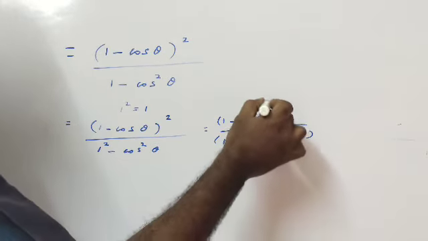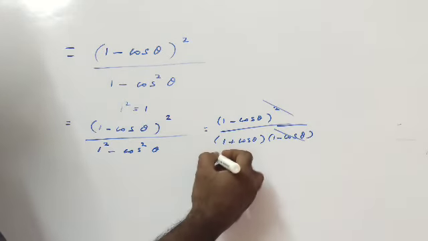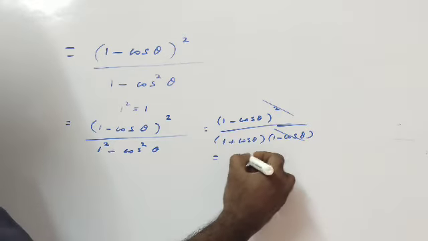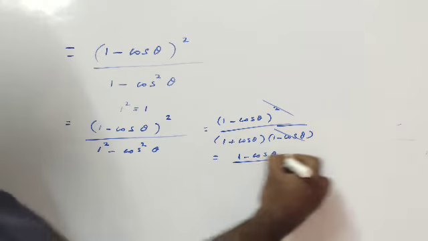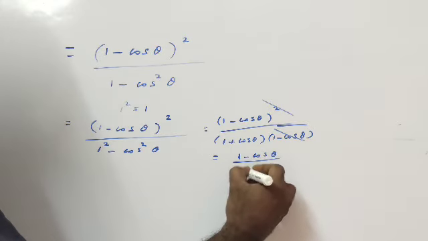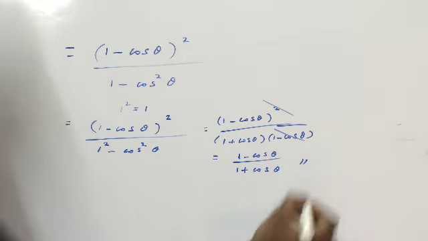Now we can cancel 1 minus cos theta whole square and 1 minus cos theta. Finally we have 1 minus cos theta divided by 1 plus cos theta. This is the answer.